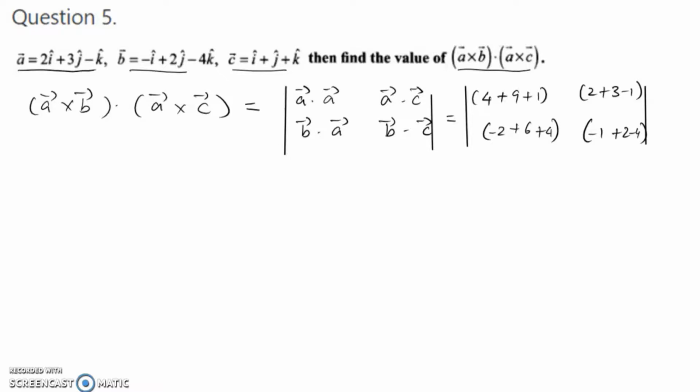So further simplifying this, we can get 14, 2 plus 3 minus 1 will be 4, 4 plus 4, 8, and this is minus 3.